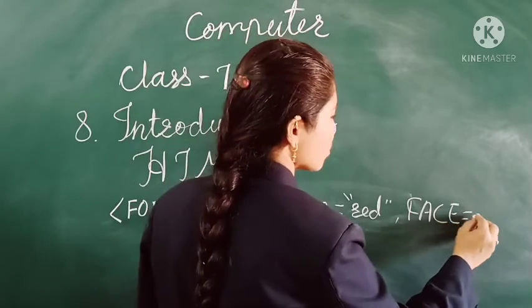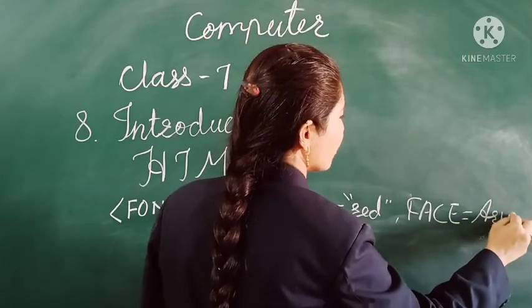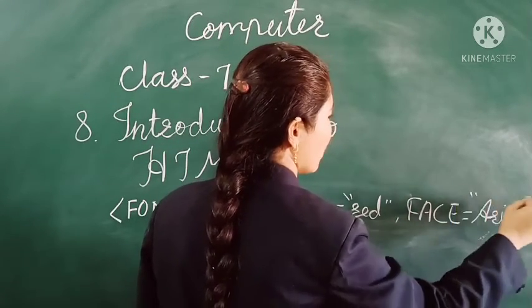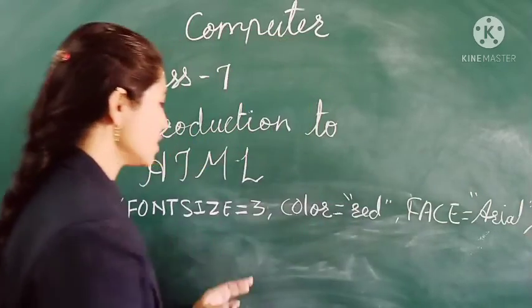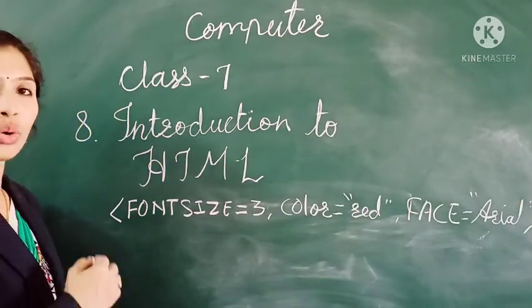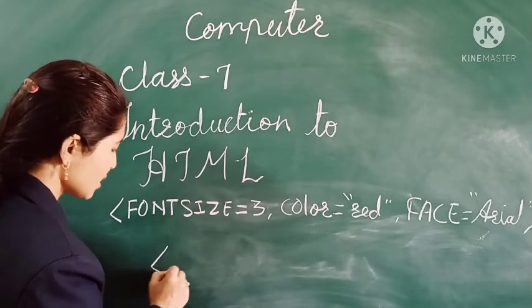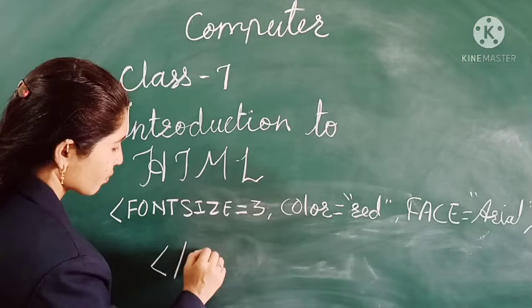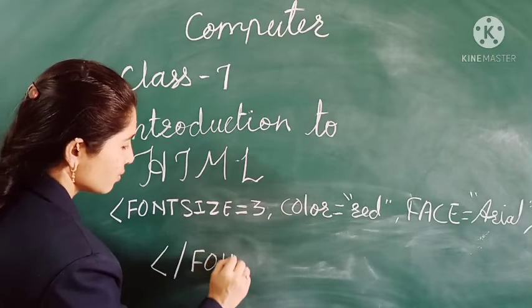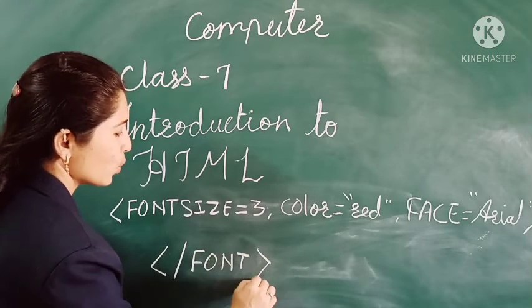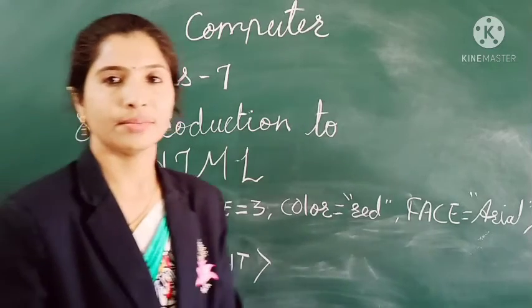In that face also you have to write in inverted commas. Okay, this is over. Then if you want to close this tag, at last you have to write the slanting line, font, and then close the tag.